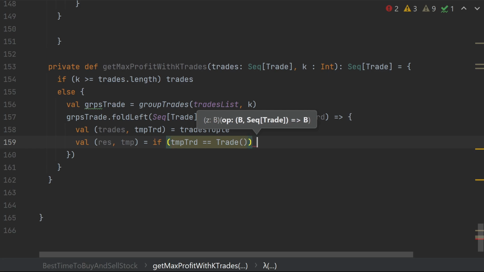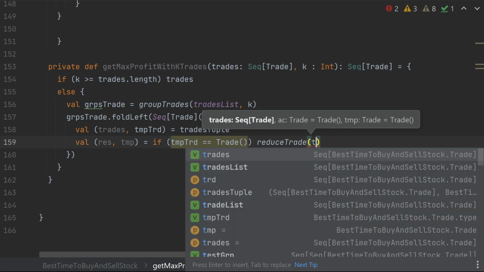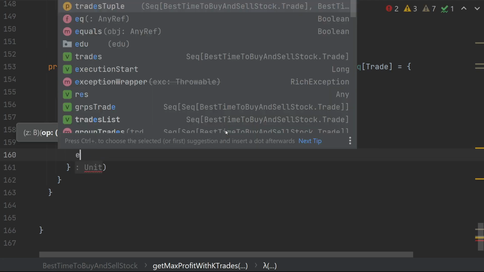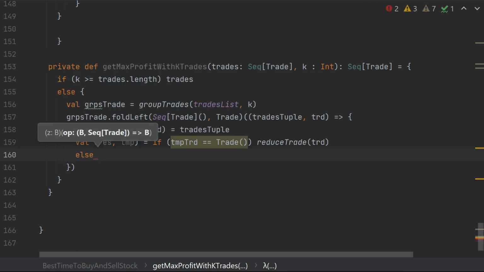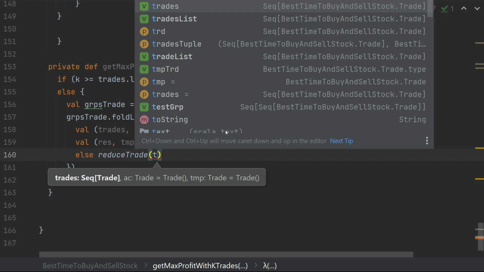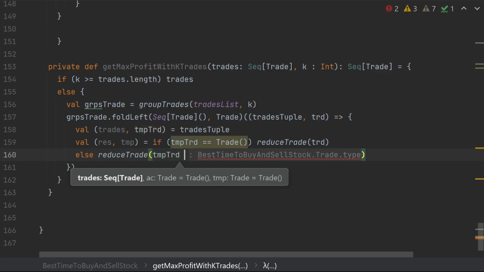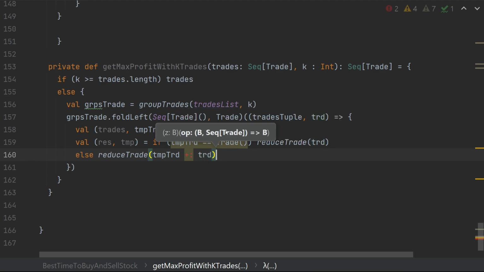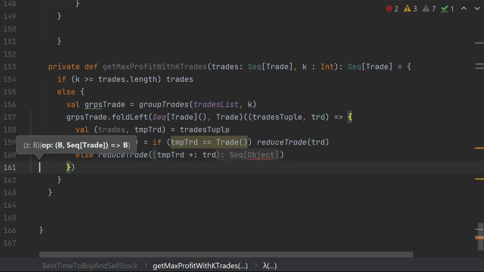then you just call the reduce on trd, and else just call the reduce trade on. We have to append the value, so temp trd will be prepended, so it is going to be like this, and trd. All right, so it is prepended now, so it is going to return sequence of object. Perfect.